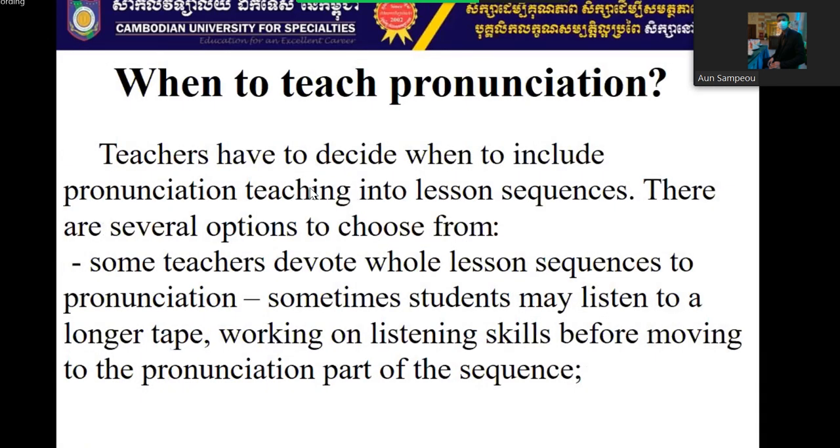Teachers have to decide when to include pronunciation teaching in the lesson sequence. There are several options to choose from. Some teachers devote whole lesson sequences to pronunciation. Sometimes students may listen to a longer recording, working on listening skills before moving to the pronunciation part of the sequence.